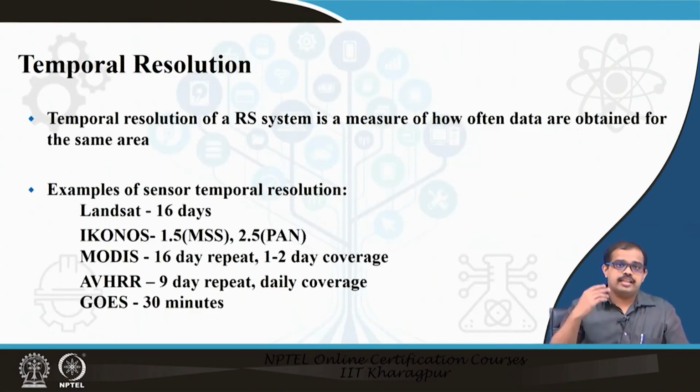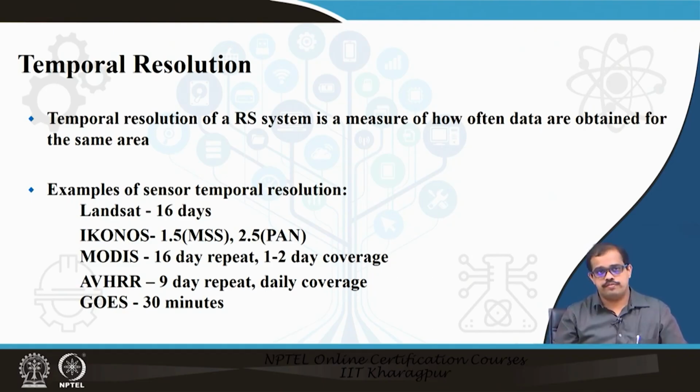Now, the last thing is the temporal resolution. Temporal resolution is how often a satellite or sensor can capture the same part of the earth's surface. For example, Landsat has 16 days, IGNOU has 1.5 days for a multispectral sensor and 2.5 days for a panchromatic sensor. MODIS on average has a 16-day repeat, but 1 to 2 days coverage.